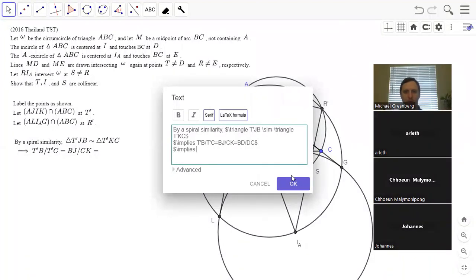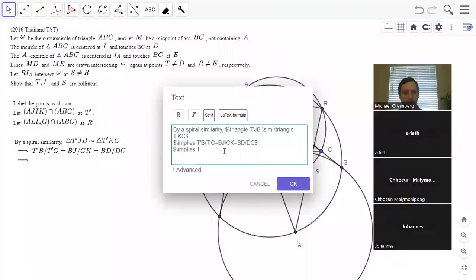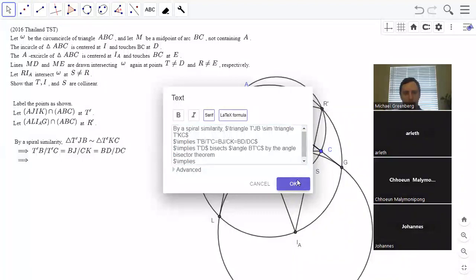So that means that T prime D bisects angle B T prime C by the angle bisector theorem. And that means that T prime D and M are collinear, which means that T prime equals T.